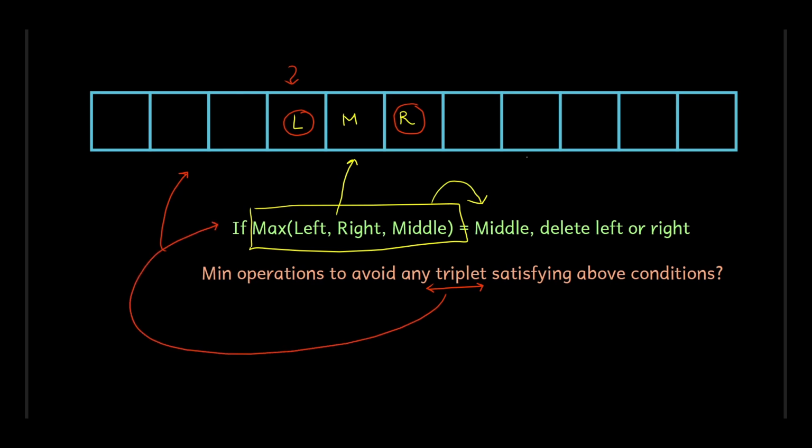That is, if this is the final array that is remaining, then I should not be able to find three consecutive numbers such as L, M, and R, such that the maximum of these three numbers is equal to the middle element. So you have to find out the minimum number of operations to achieve this final array.